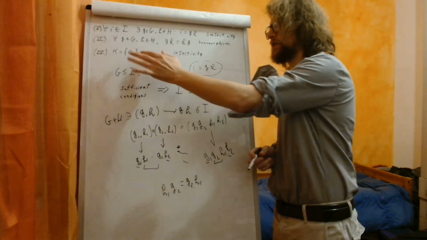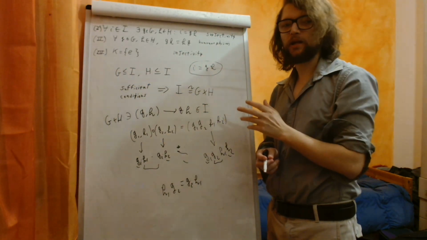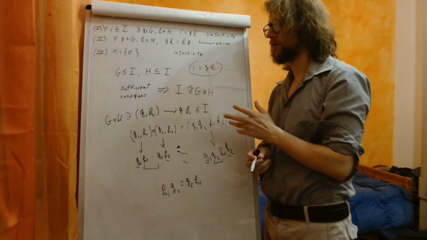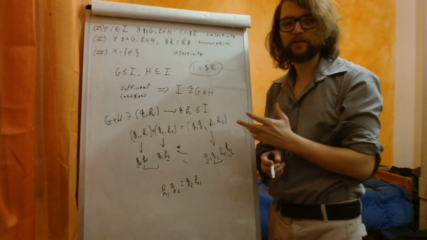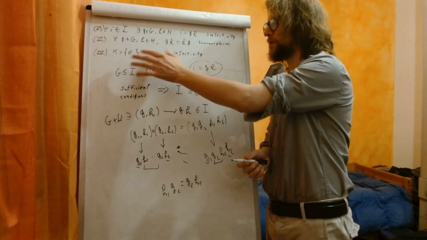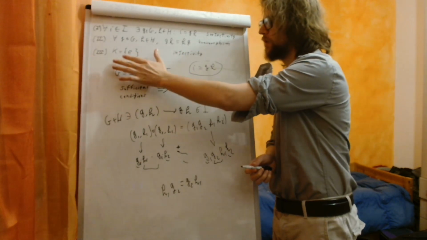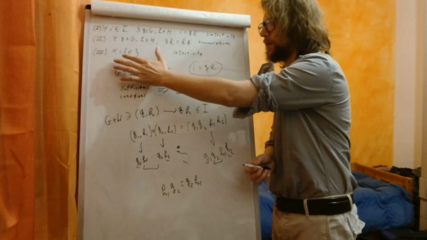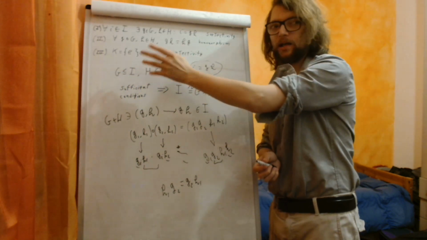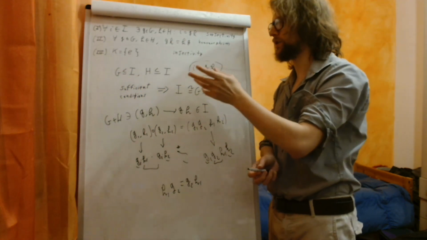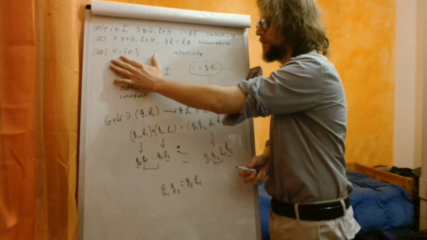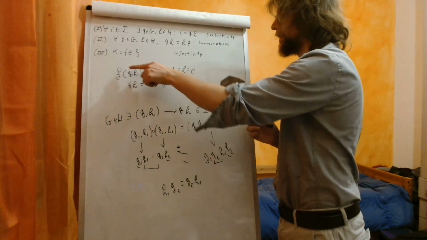Now we can write it in another way, which is easier to verify directly. Now we would have to directly check the homomorphism, obviously, to verify this. But we can give a sufficient condition to have this. We can write it like this.